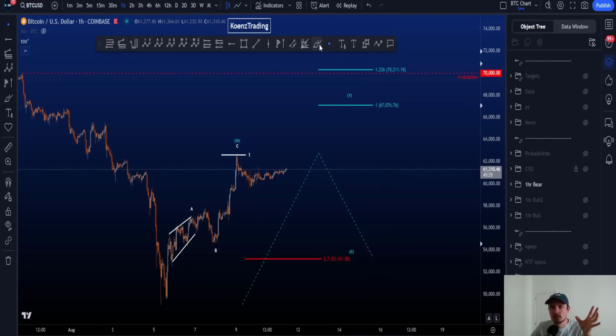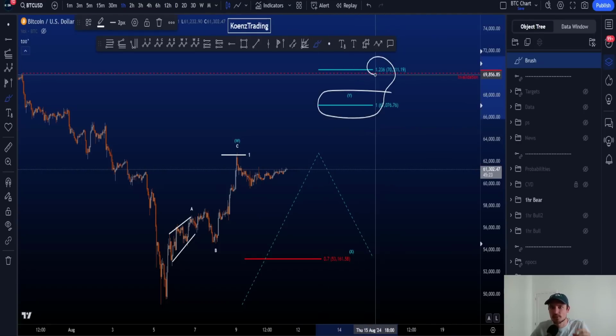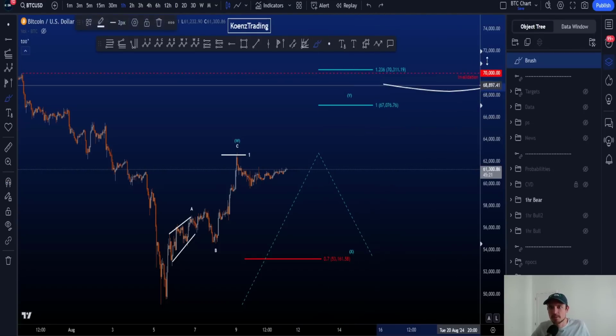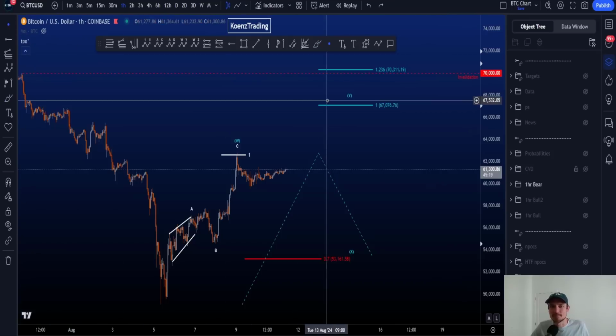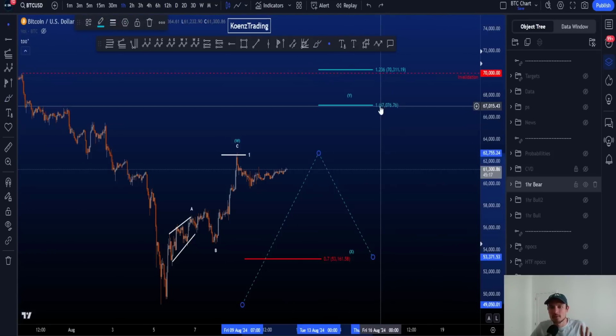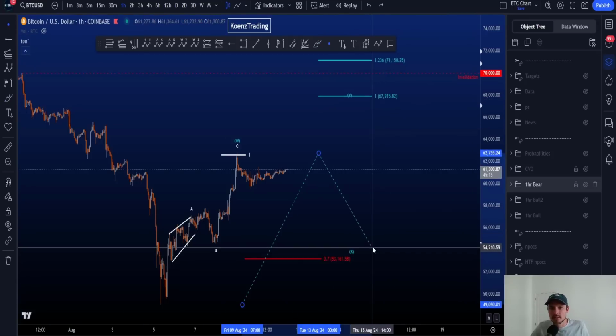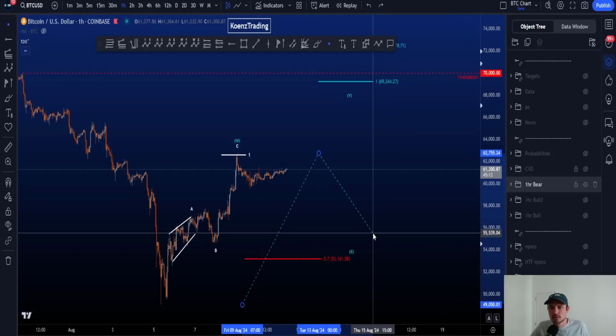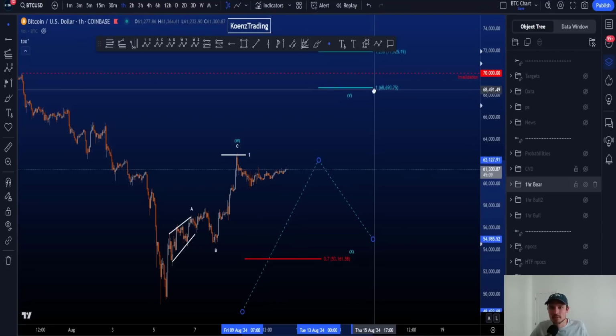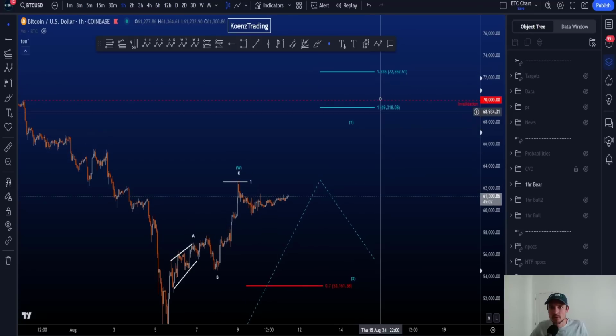The common target for your wave Y is the 1 to the 1.236, with the 1.236 being above the invalidation, right? Now, of course, the 1-to-1 is still common, so let's see. If price would retrace to 55K, right, then the common target, being the 1-to-1 to the 1.236, is incredibly close to invalidation. So it doesn't even really make sense anymore.